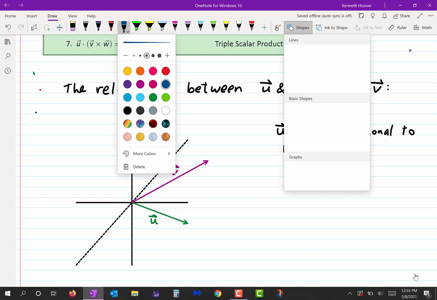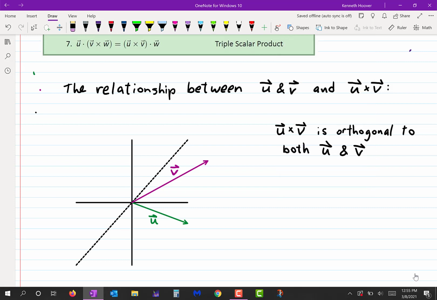So vector u cross v has two possibilities. It might be sticking up in such a way like this, so that you have a right angle here between v and u cross v, and also a right angle, it's hard to draw them both, a right angle between u and u cross v. Now, to your eyes, that doesn't look like a right angle, but that's because it's drawn in 2 dimensions.